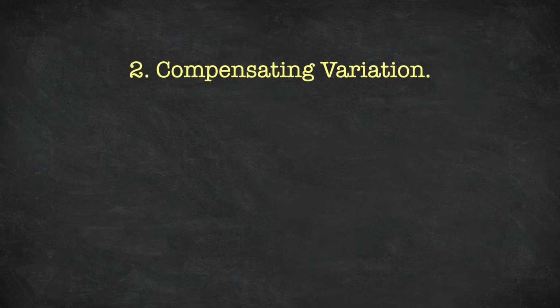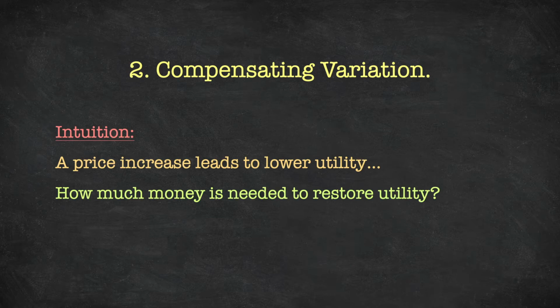So the intuition for this is the following. When the price of a good increases, the consumer cannot achieve the same level of utility that they could initially. So we've seen diagrams like this where the consumer initially demands some bundle. If the price increases, the budget set shrinks in some sense.